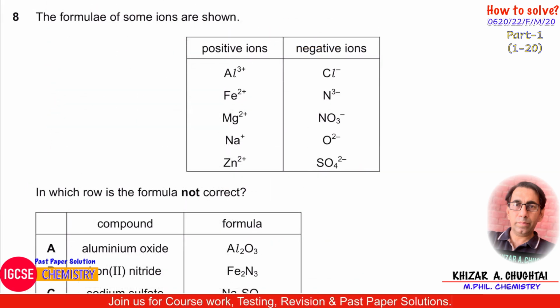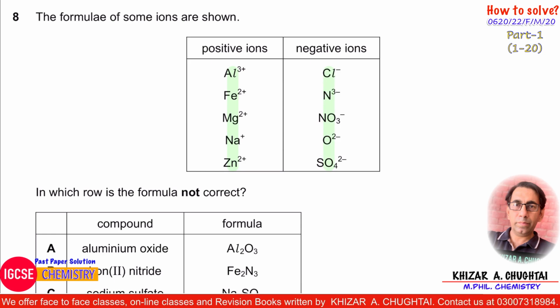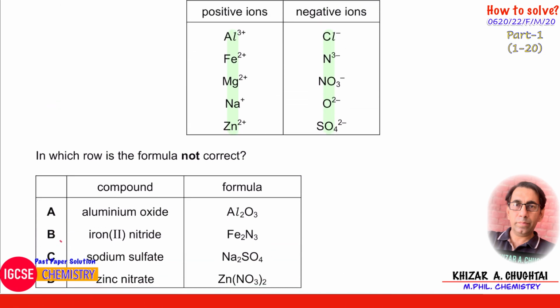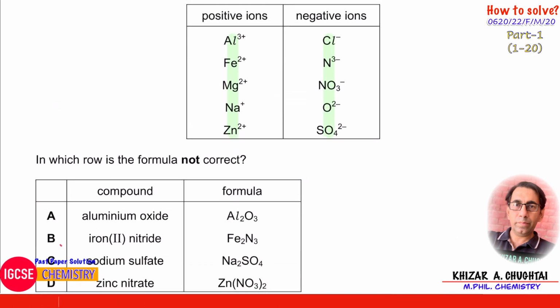Question number 8. The formulas of some ions are shown. In the first column there are positive ions. In the second column there are negative ions. In which row is the formula not correct? Let me check one by one.